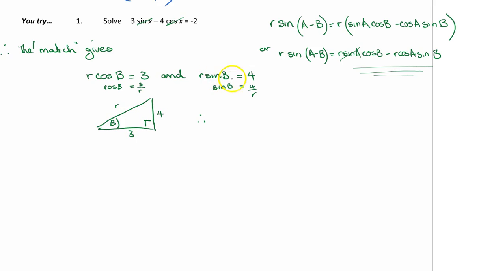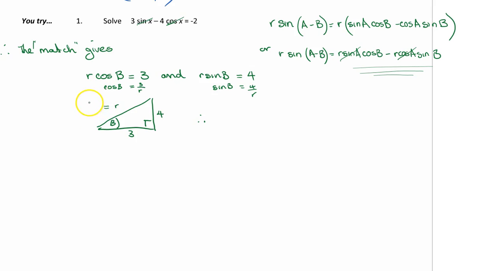Sine, r sine b, we got doing the similar thing. It's like we cross out that because that's what we had. All we've got left is the 4, and all we have left in the pattern here is r sine b equal to the 4. Sine b is 4 on r, and so we've got this situation. R is very easy to evaluate.